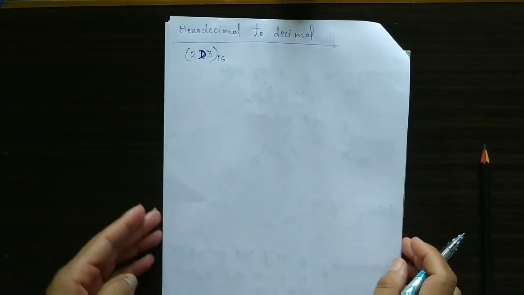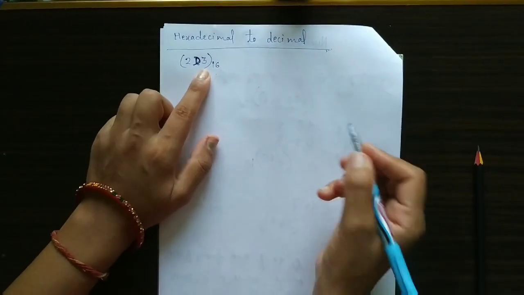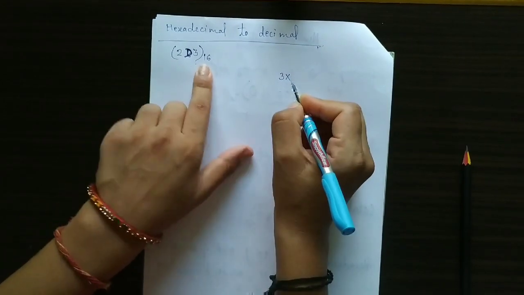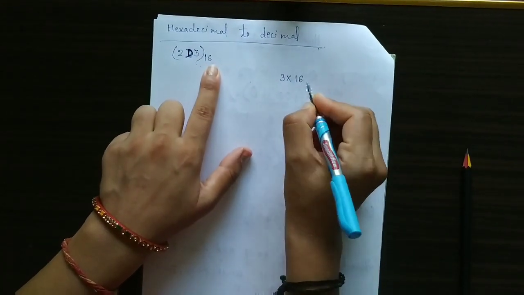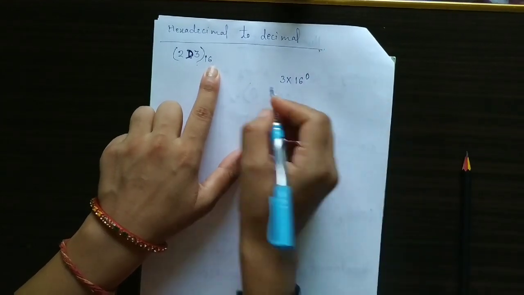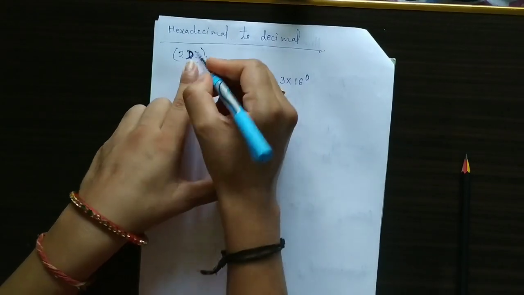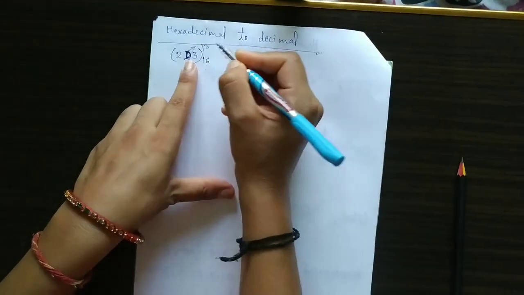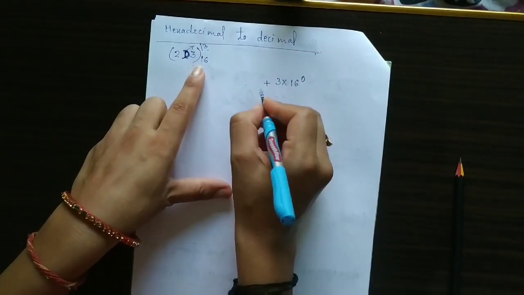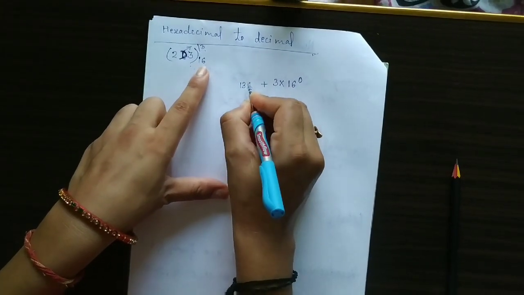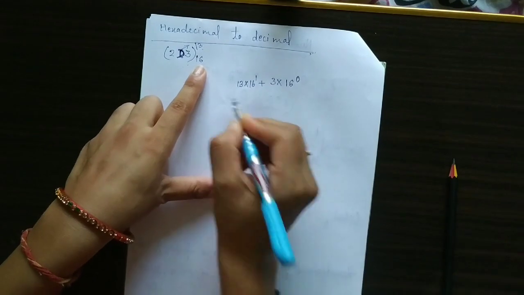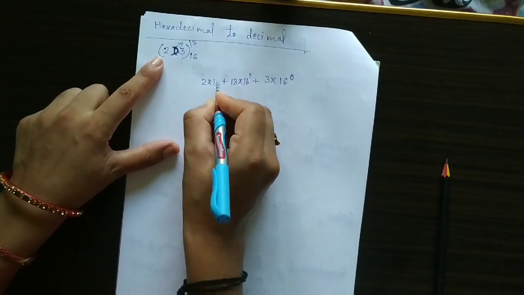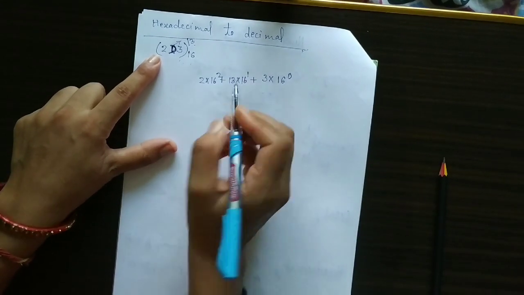To convert this, I will write the numbers from right to left. 3 multiplied with the base power 0, plus D. D means 13, as I told you before, D represents 13 in hexadecimal, into 16 to power 1, plus 2 into 16 to the power 2.